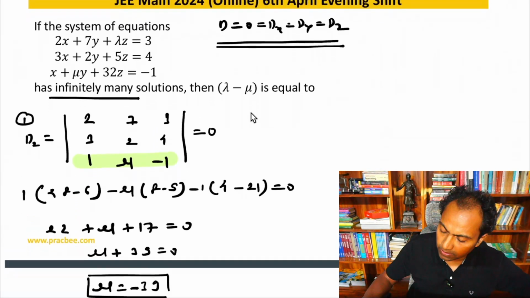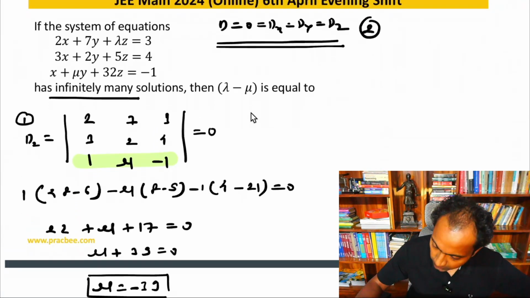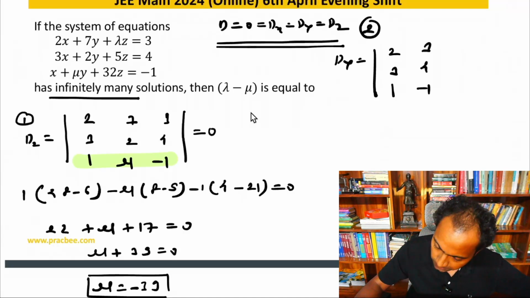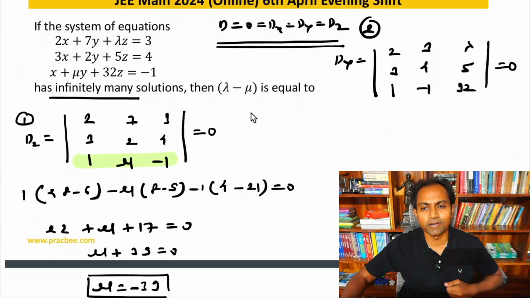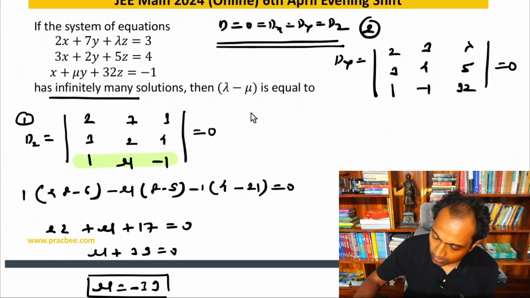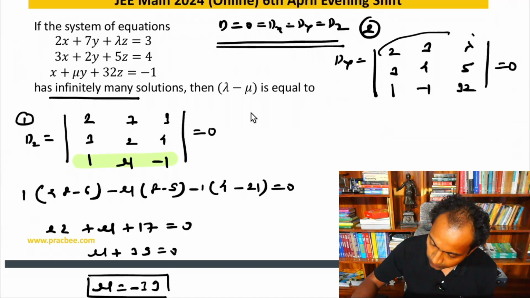In the second part of the solution, in order to find the value of lambda, let us write dy now. So, I write 2, 3, 1 as the coefficients of x, but the y coefficients I will replace by 2, 4, minus 1, and lambda, 5, 32. And now this will also be equal to 0 because of the infinitely many solutions condition. Now, we will expand it along the first row.